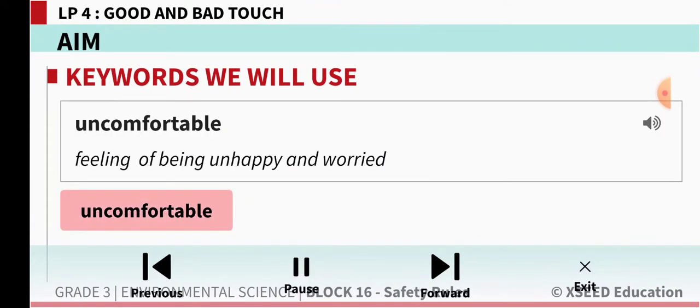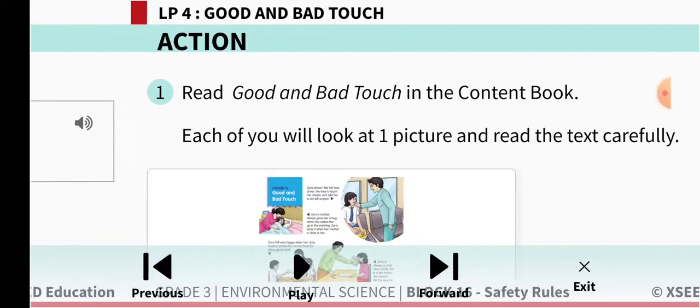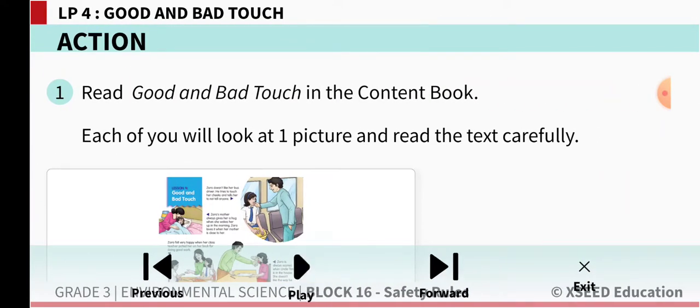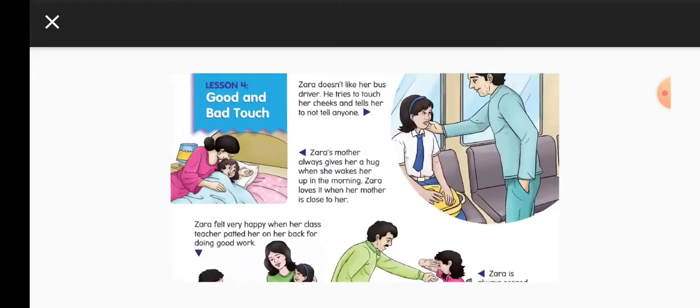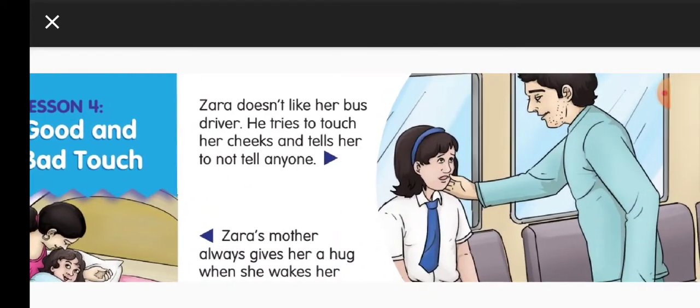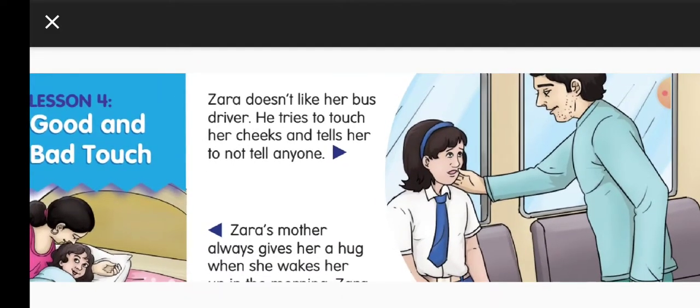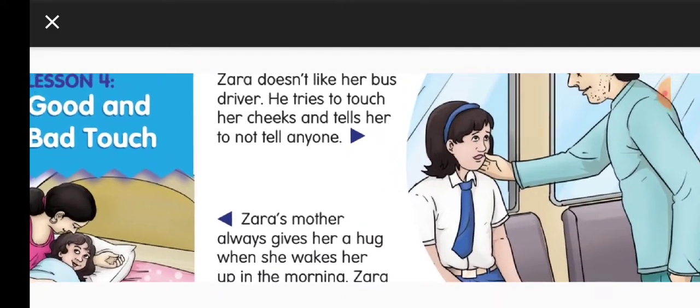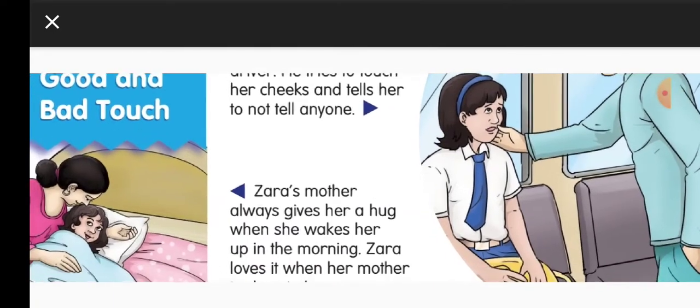So, the keyword uncomfortable means feeling of being unhappy and worried. If you have a look at the content book, you'll understand how Zara felt. There is a girl called Zara, and how she feels when the bus driver touches her and tells her not to tell anyone.